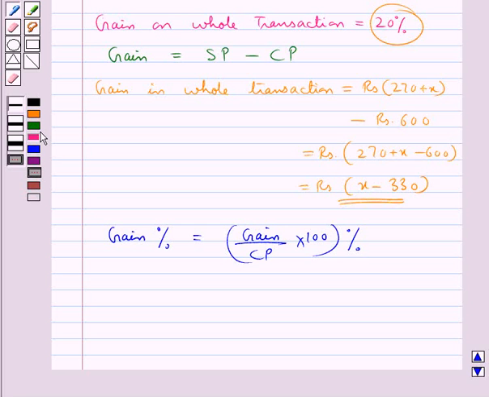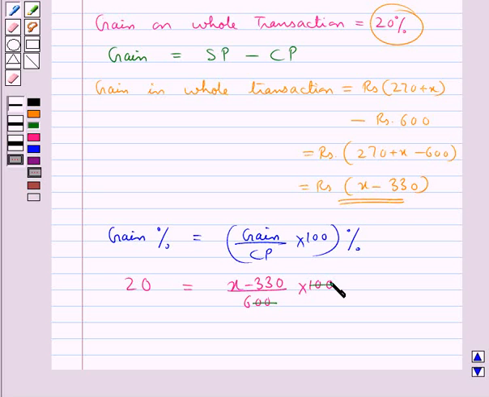Now substituting the values for gain, CP and gain percent, we have 20 is equal to X minus 330 upon 600 into 100.